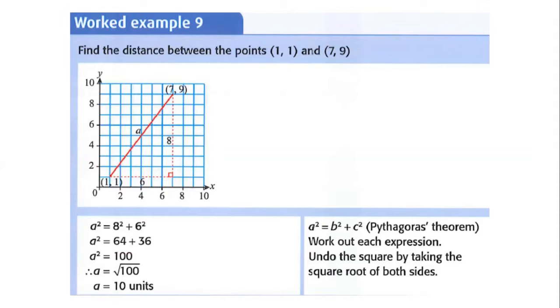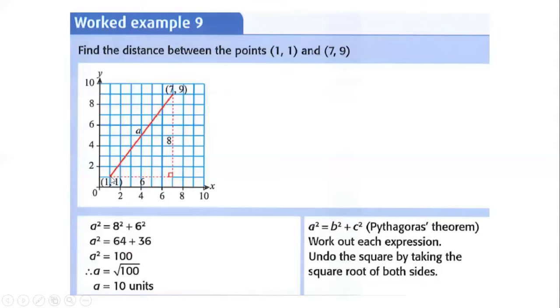So you have to find the distance between the points with coordinates 1, 1 and 7, 9. Look at these lines whose lengths are easily calculated from the coordinates of the initial and terminal point of this line segment.